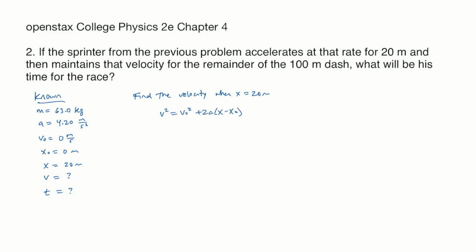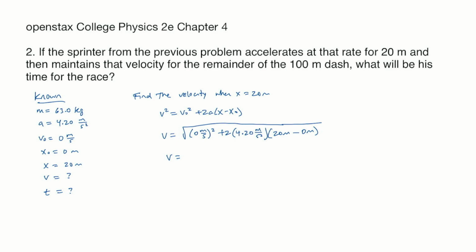We are looking for v, so we want the square root of v naught, which is 0 meters per second, squared, plus 2 times the acceleration, 4.20 meters per second squared, multiplied by x minus x naught. The final position is 20 meters minus the starting position of 0 meters.